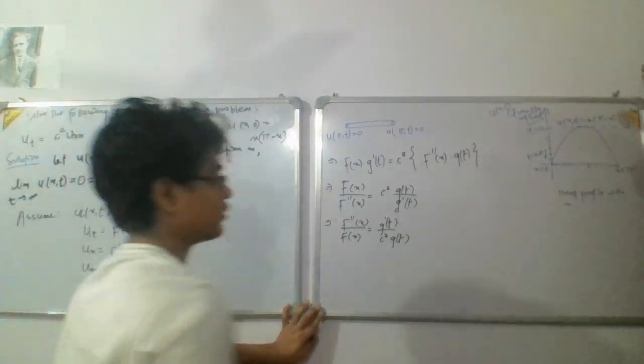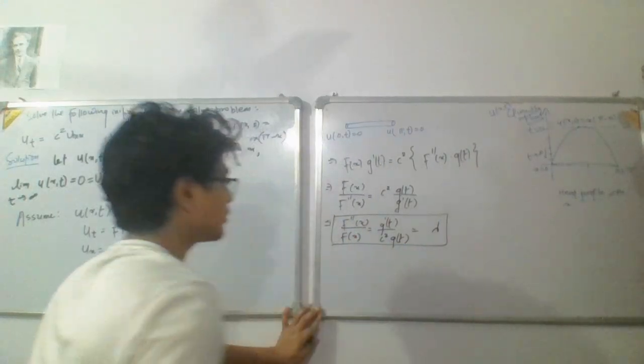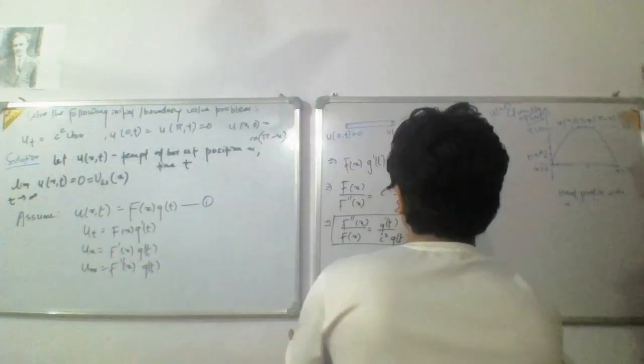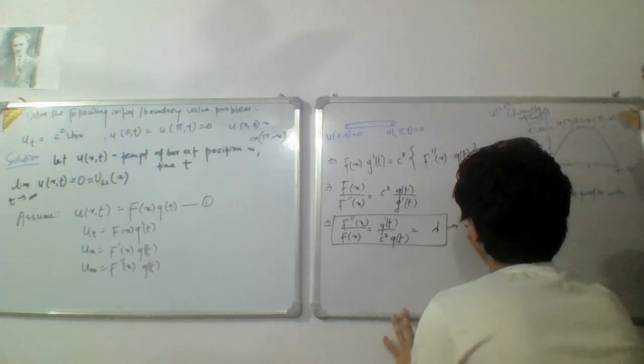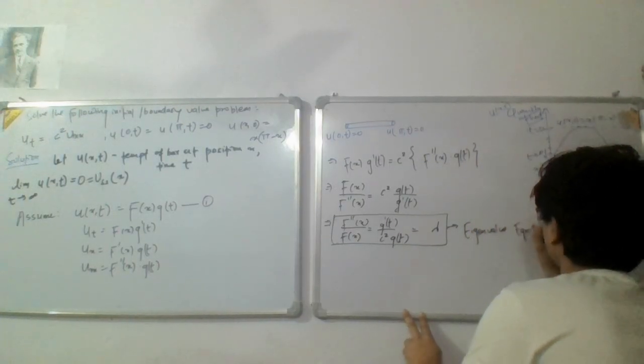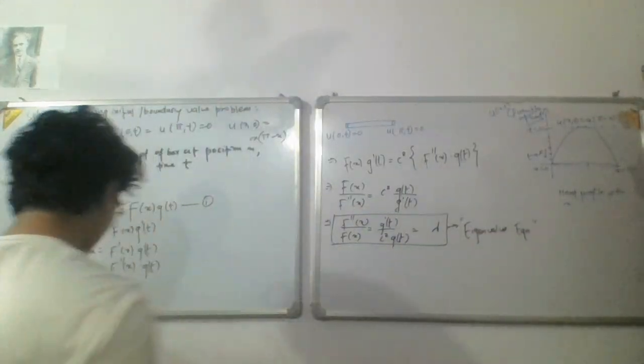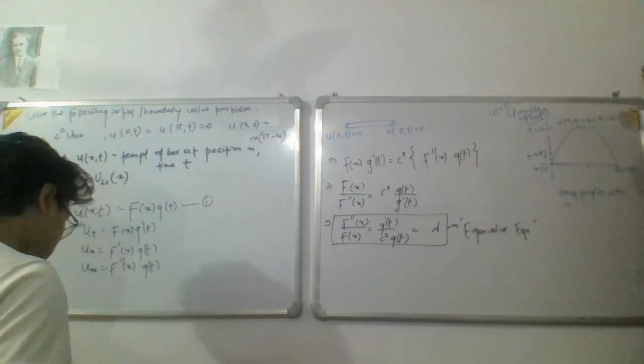Now let's consider this to be lambda. This is an intermediate point, a junction point, and this equation right here is called the eigenvalue equation.